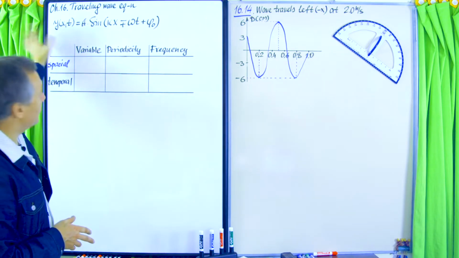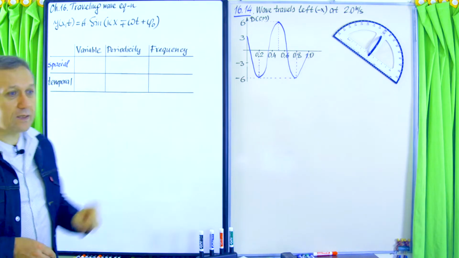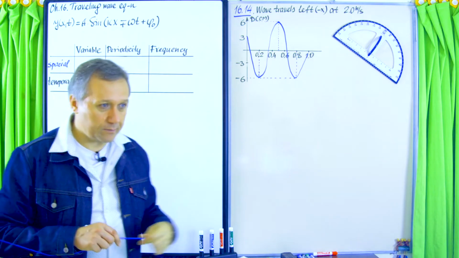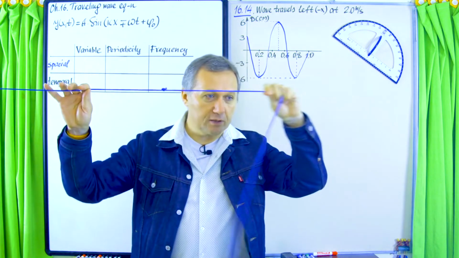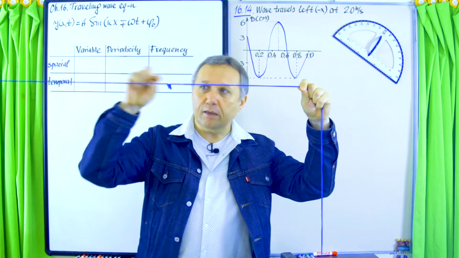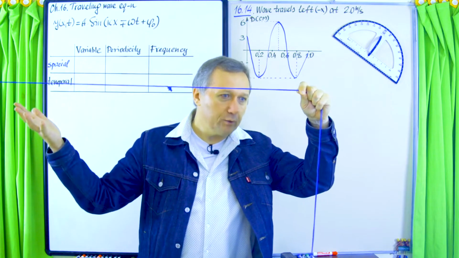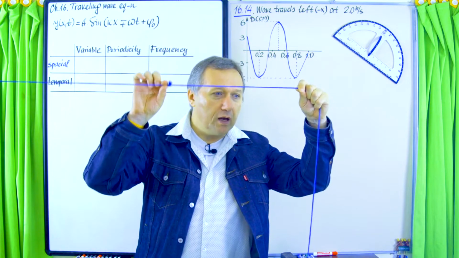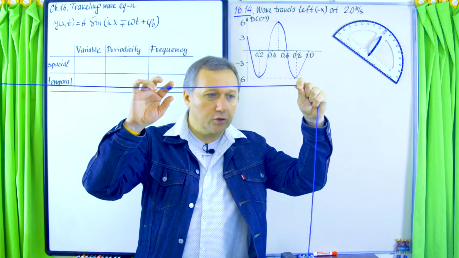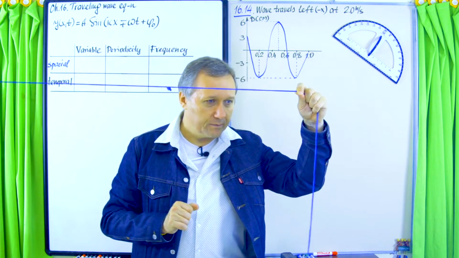Let's start from the left and move all the way to that side. y is a displacement of particles of the medium. What do I mean by that? Again, the same chord, the wave propagates that way. But let's look at this particle. What does this particle do? It just moves up and down, up and down. Particles do not travel. They just move up and down, but the wave propagates.